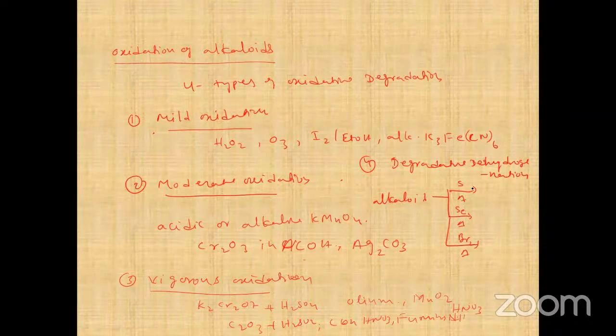These are the degradative dehydrogenation methods. These are the four types of oxidative degradations available for alkaloids. This is about the general methods of structure determination of alkaloids.